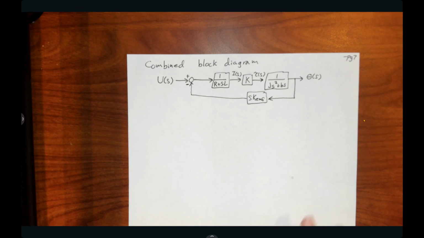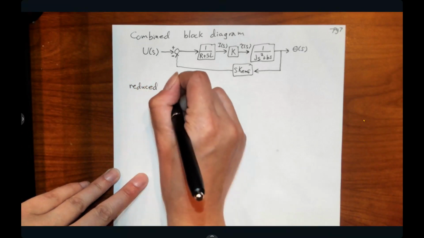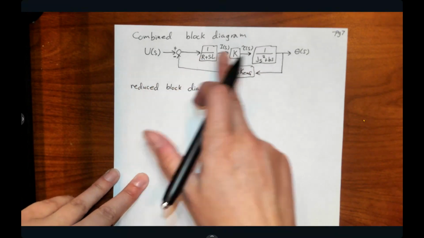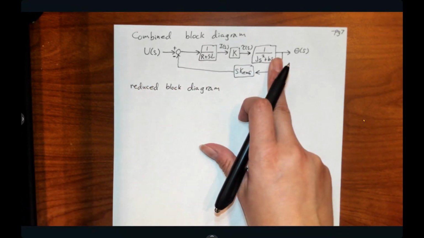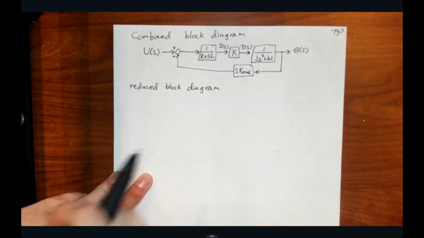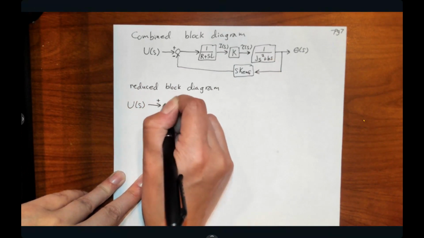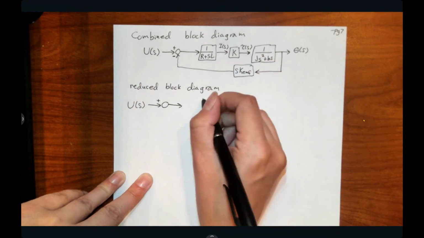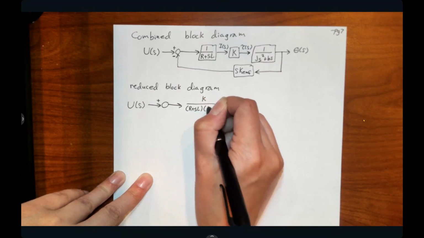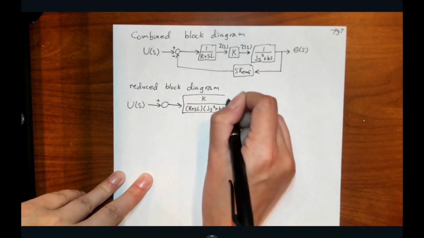And so what we can do is reduce this by recognizing that when you have these systems cascaded together like this, the result is the same as just taking that input and passing it through the multiplication of those individual subsystem transfer functions.